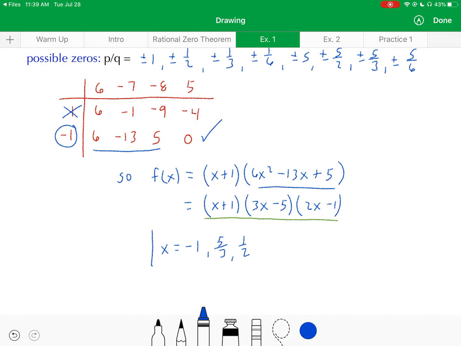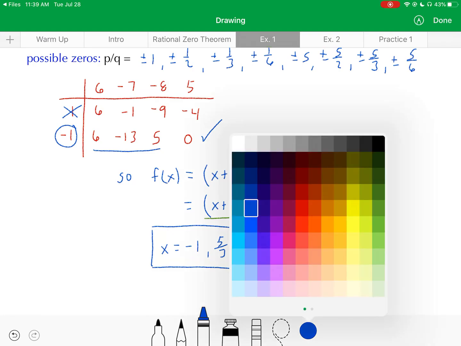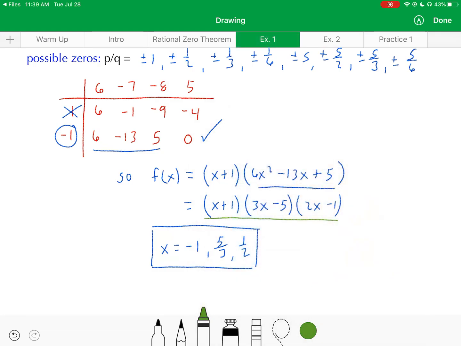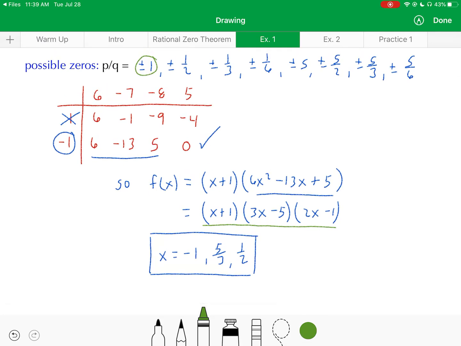Okay? And I want you to notice that all three of those numbers are rational numbers, and notice that they show up in my list of possible zeros, p over q, right? We had of course the -1 there, we have the 5/3 here, and we have the 1/2 here. So it's just validation that these should be zeros of the function.